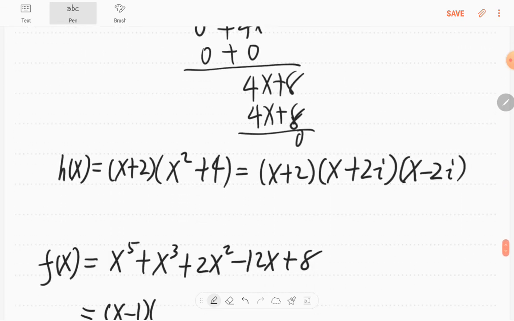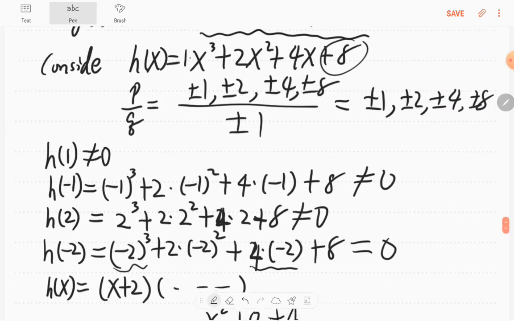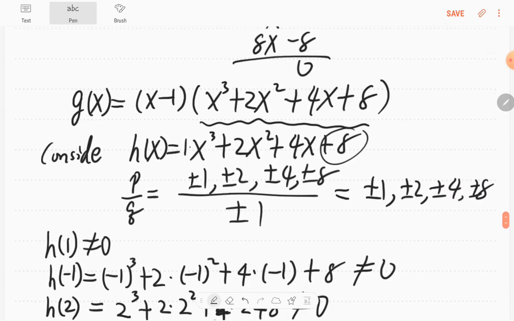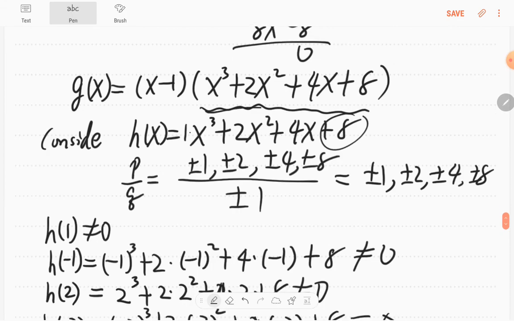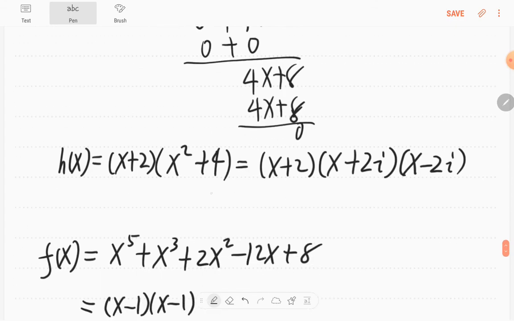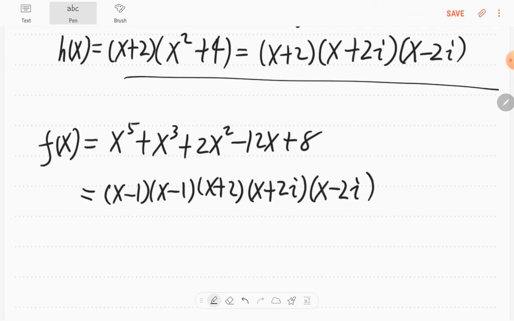So it's x minus 1 again, times h. h can be written as this part. This part can be written as this one, right? So it's x plus 2, x plus 2i times x minus 2i. So this is a linear factorization, right?